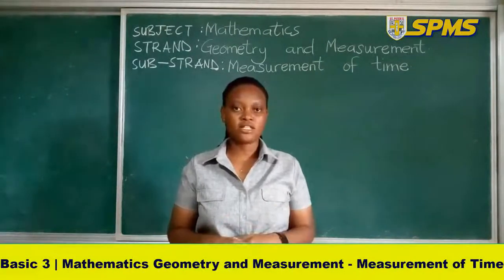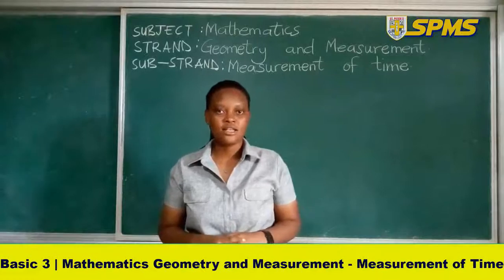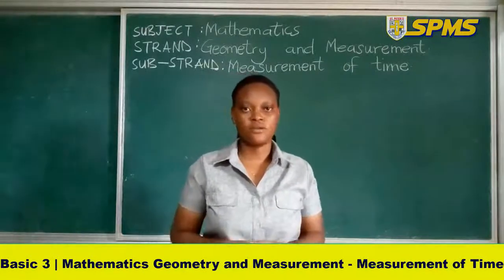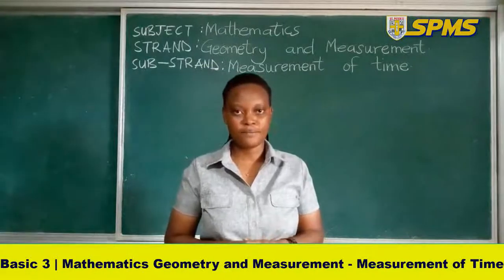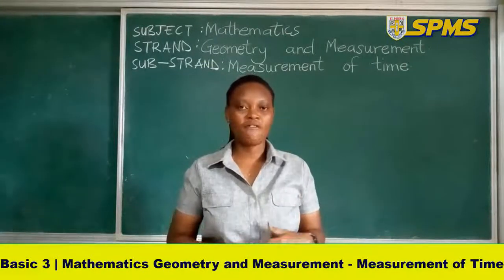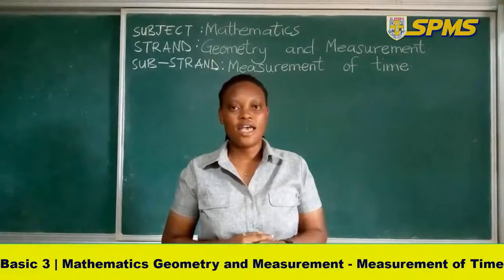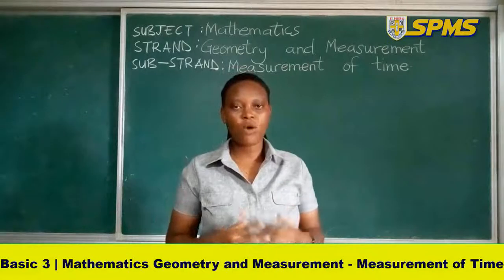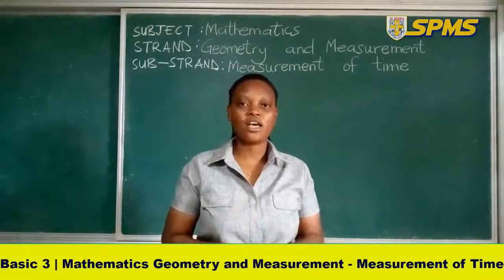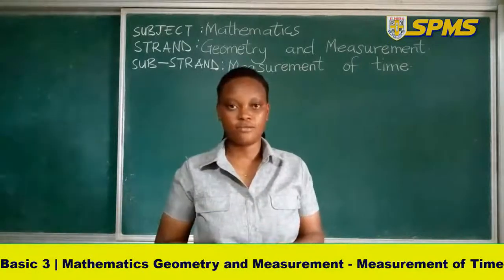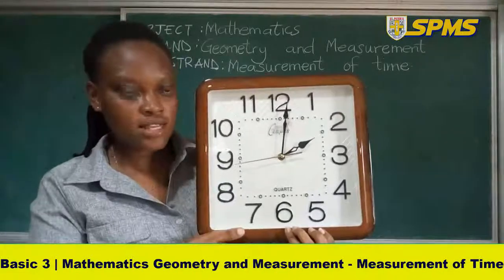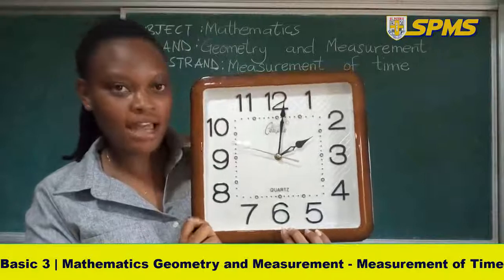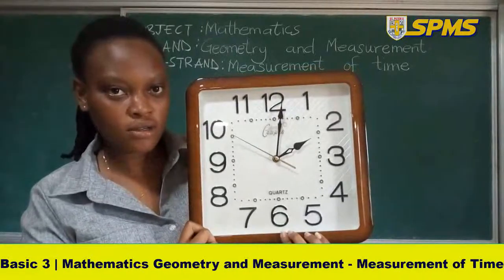Very good. In our previous lesson, we realized that we use the clock or the watch in telling the time. We have the analog clock and then the digital clock. Some watches also have the analog and then the digital. Children, this clock is an example of an analog clock.